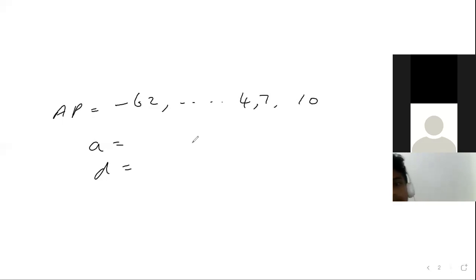Okay, here we know 10 minus 7. What is 10 minus 7? 3. 7 minus 4? 3. 4 plus 3 is 7, 7 plus 3 is 10. Now, from minus 62, if you want, you can write the next term.